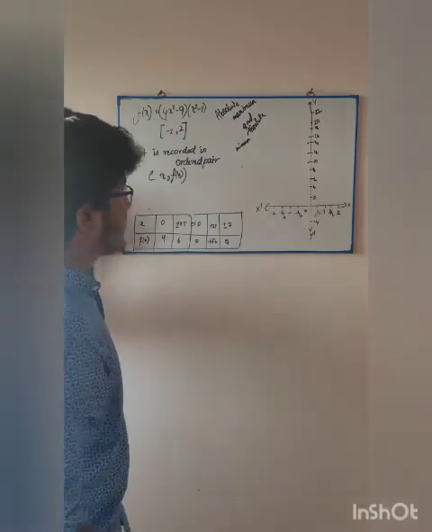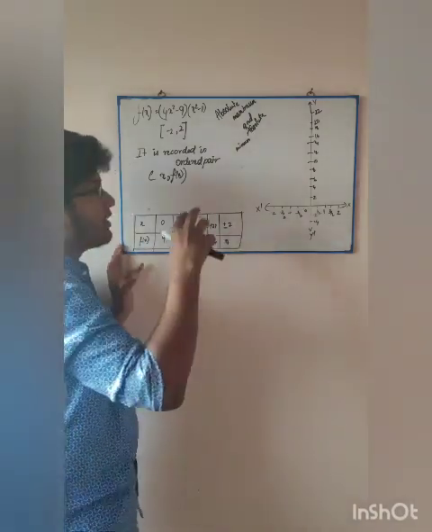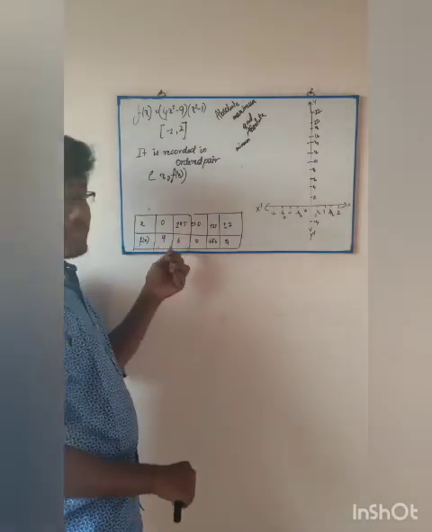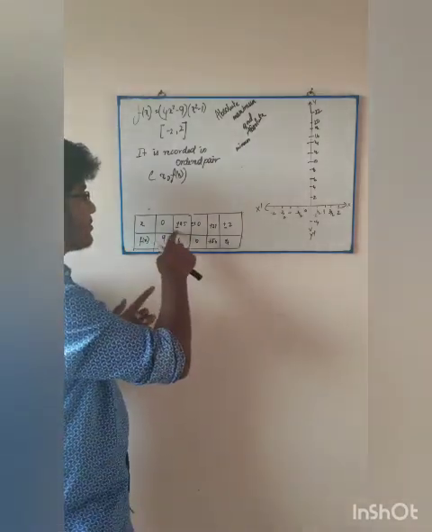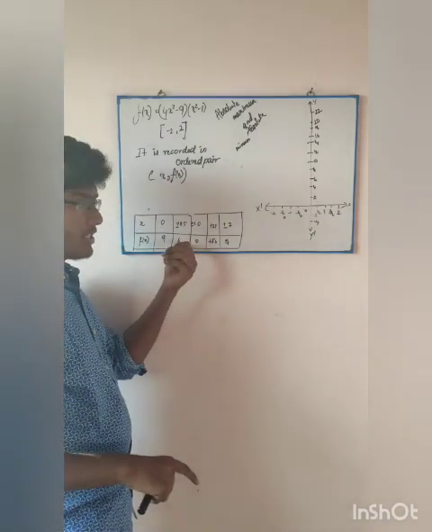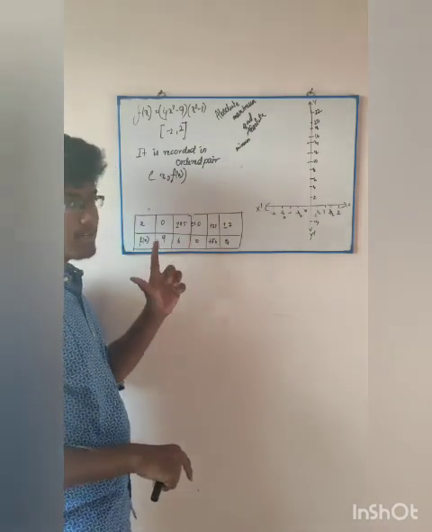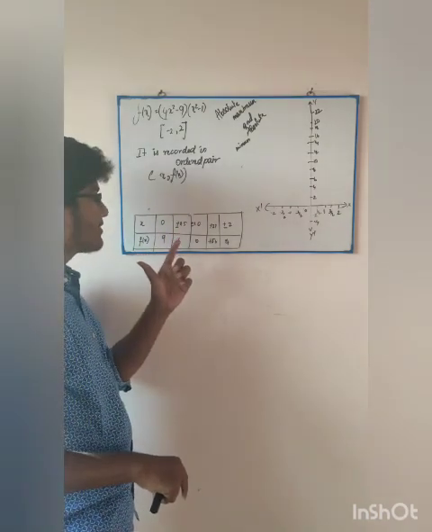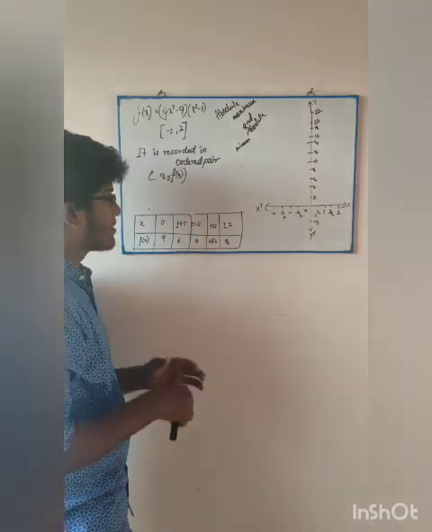So here are some values that we have found. When x is equal to 0, f of x becomes 9. When x is plus or minus 0.5, f of x becomes 6.